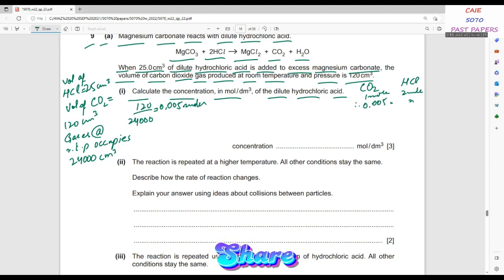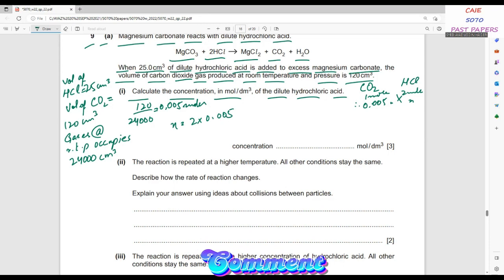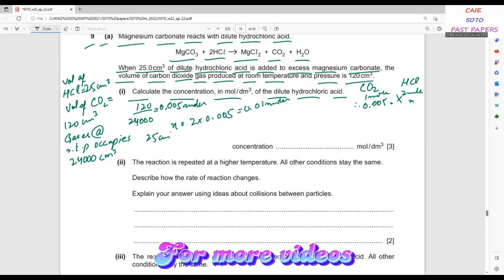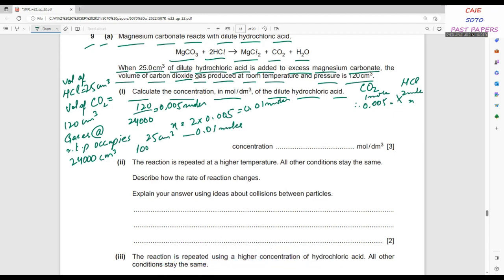0.005 mole is produced by X moles of hydrochloric acid. So X is equal to 2 multiplied by 0.005. So we will get 0.01 moles of hydrochloric acid. So if 25 cm3 contains 0.01 moles of hydrochloric acid, therefore 1000 cm3 contains X moles.